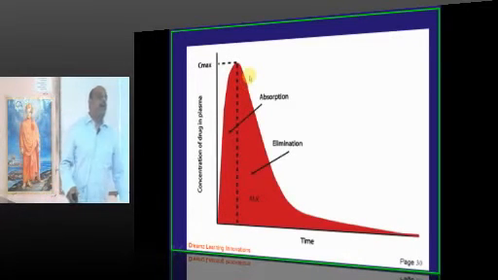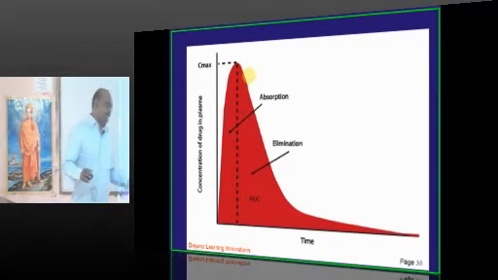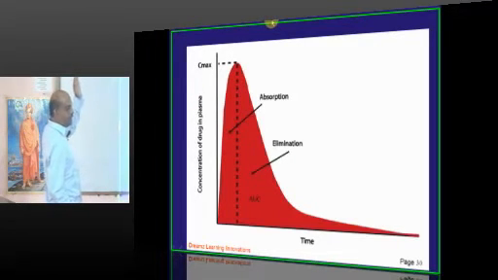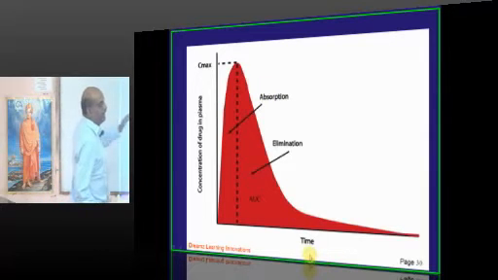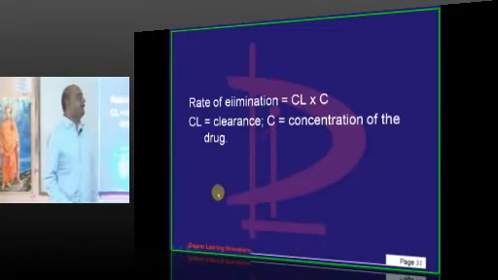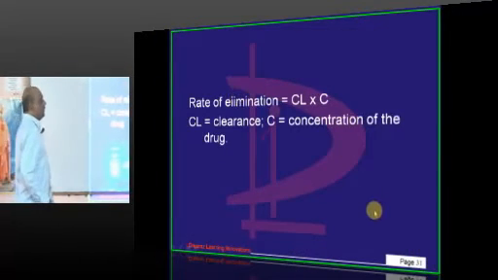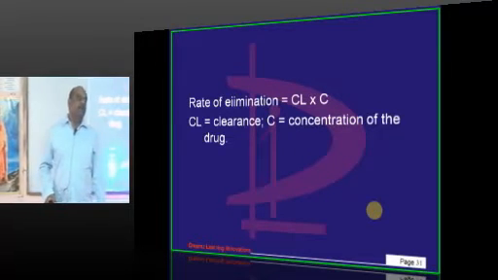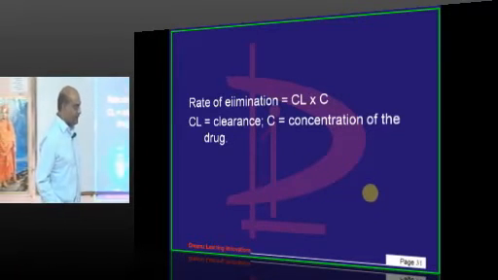So whenever you draft an area under the curve plot, the initial part is because of the absorption of the drug where it reaches the peak concentration. The second part is due to the elimination, is what you have to ultimately understand. So that is the story of clearance. You calculated clearance.